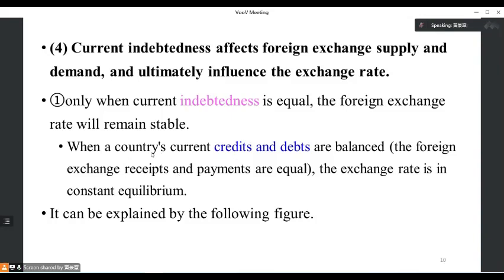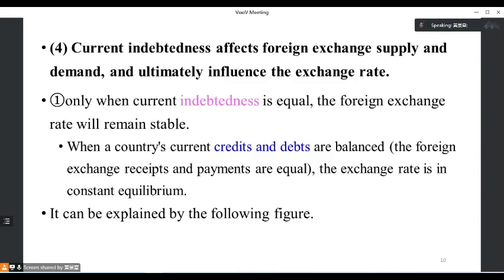This paragraph tells us that when current indebtedness is equal, which means current credits equal current debts, the foreign exchange rate will remain stable, which means the foreign exchange rate is constant.